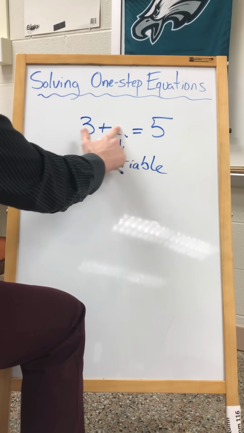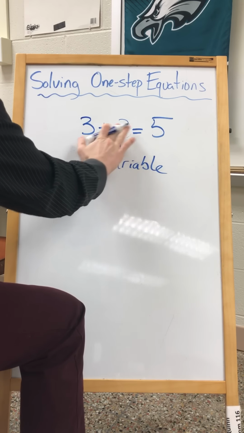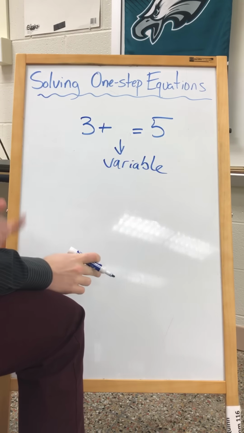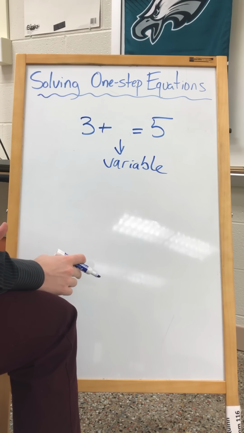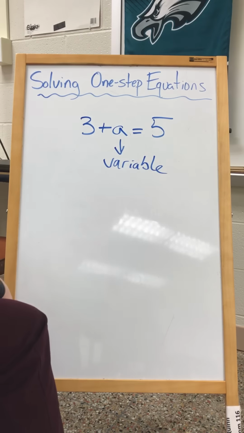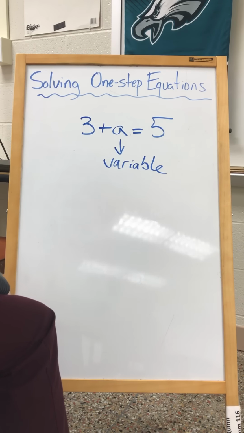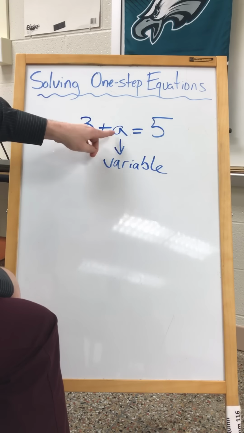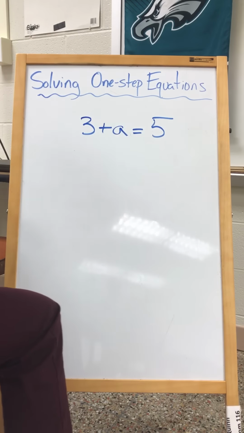I very easily could substitute in a question mark, or maybe if you remember from elementary school, a different shape, or a circle, or even a box. All of them are simply representing a variable or an unknown value that we are trying to solve for. So we are trying to figure out what that A is equal to.